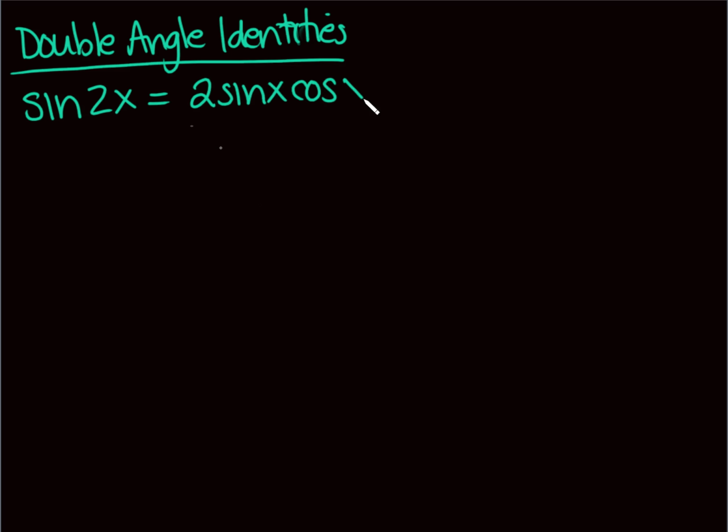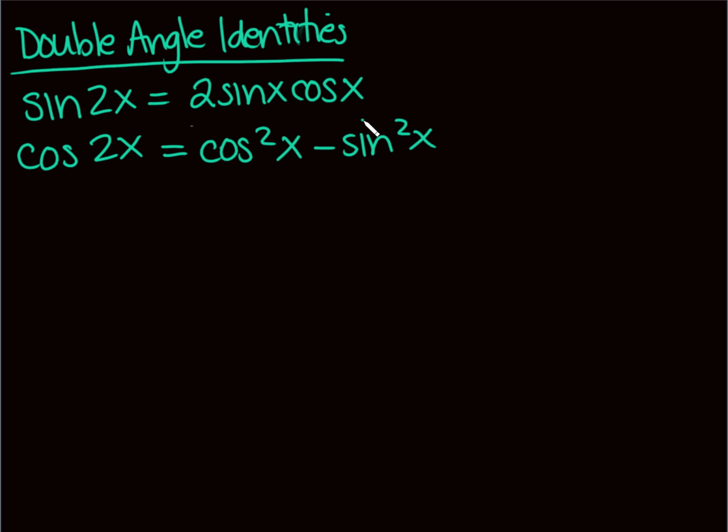You're going to need to know these. And cosine of 2x, we're going to mess with a little bit. Cosine of 2x is cosine squared x minus sine squared x. So you need to know that one for sure. But you also need to know how to get to some other ones. Think about if we replaced this sine squared of x.